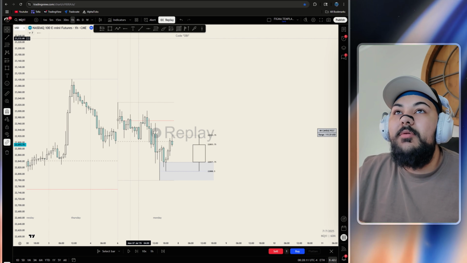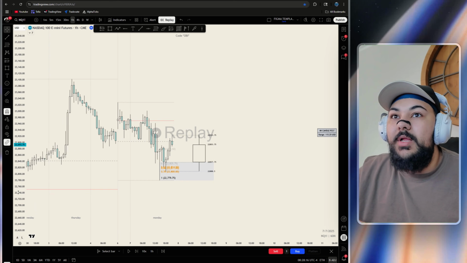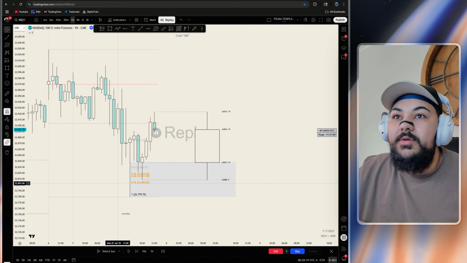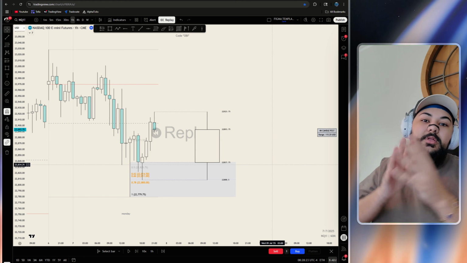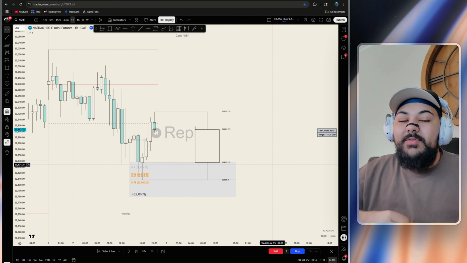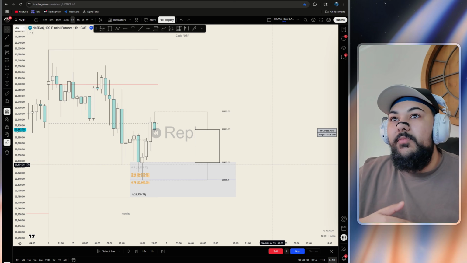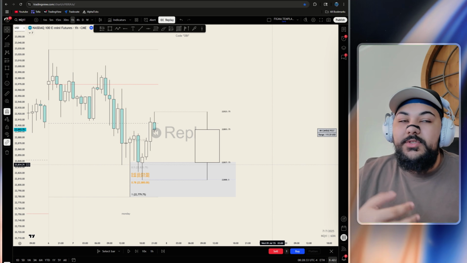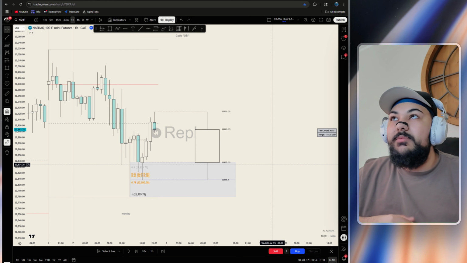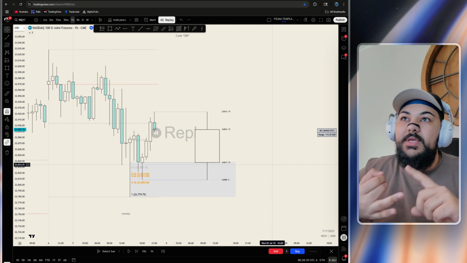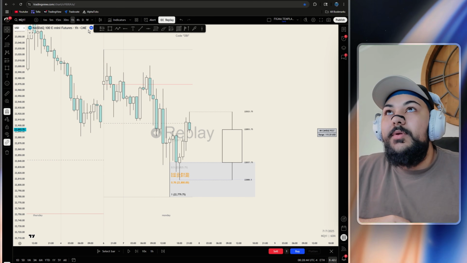And if we go on to the hourly time frame and we draw out the OTE of this rejection block on the hourly time frame, you'll see that it also lines up with the CE. That's really good for a long position or short position based off of rejection block. When you have two different time frame rejection blocks lining up with their OTE and CE, that's another thing that constitutes a high probability rejection block.